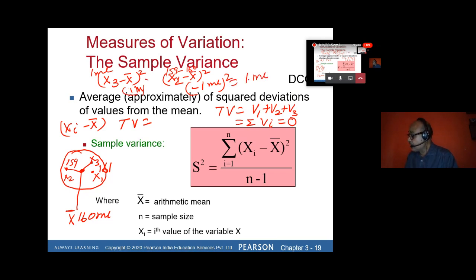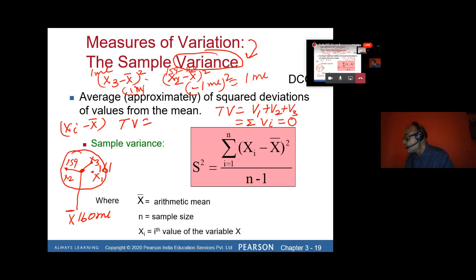So when you square the variation, statisticians have given it a name: variance. Variance is the square of variation.